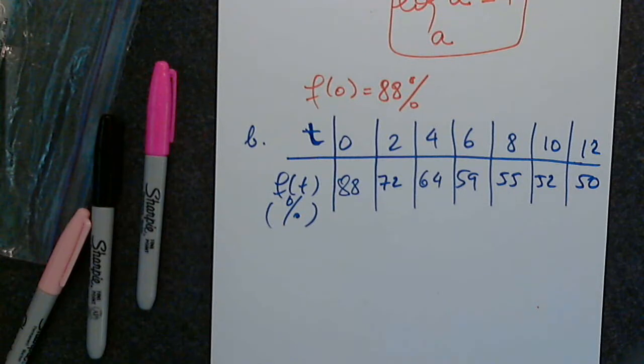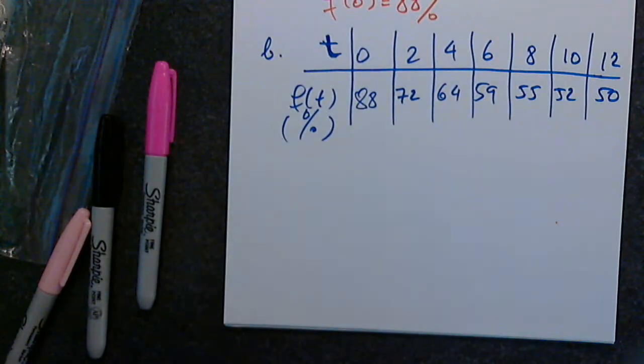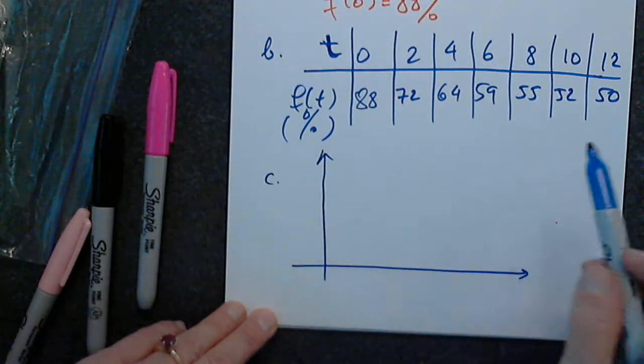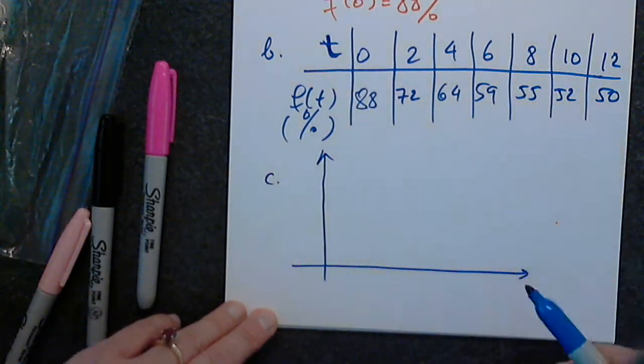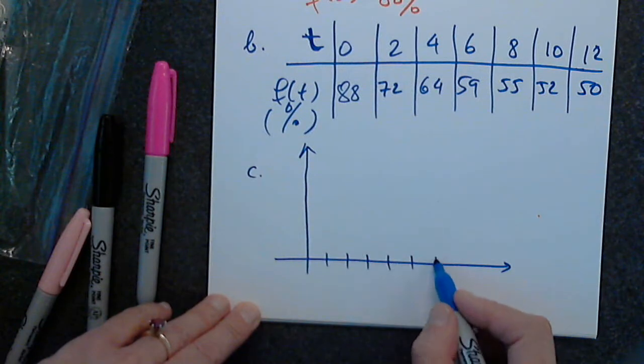Now, in part C, we're asked to graph this function. Can we graph now? Yes. Perfect. So let's graph. Part C. I see t goes from 0 to 12, 2, 4, 6, 8, 10, 12.